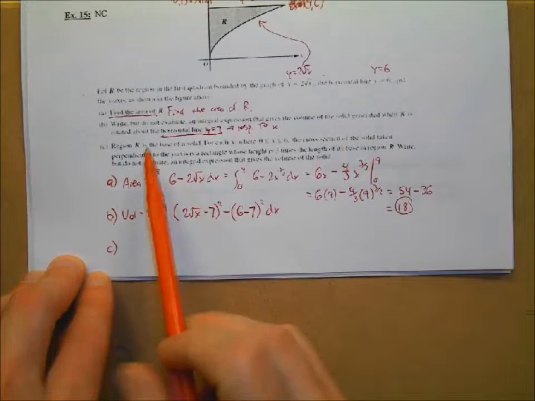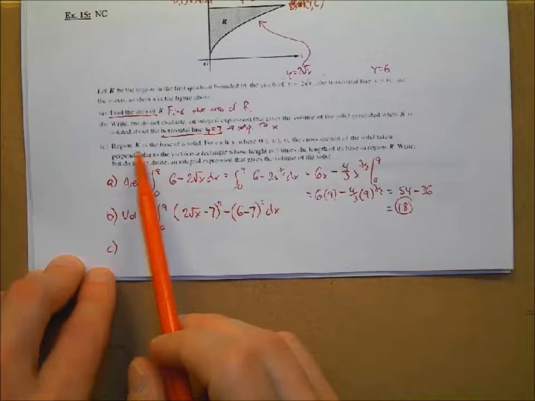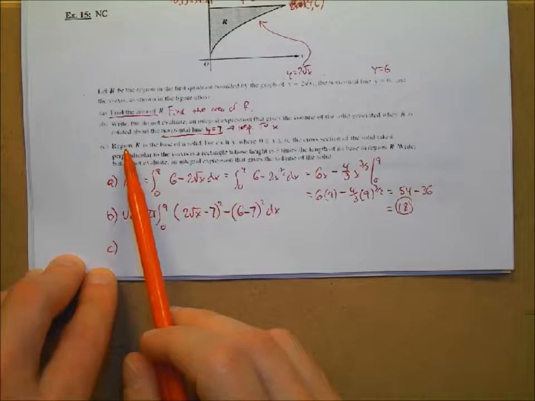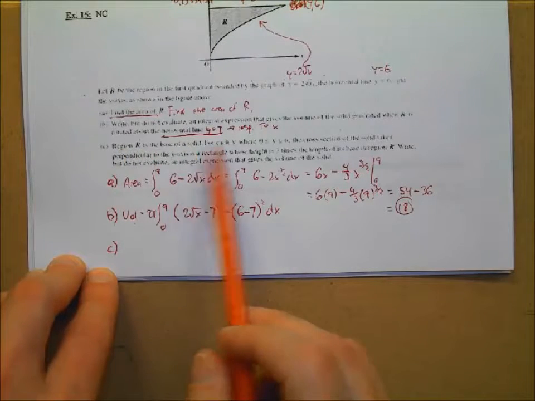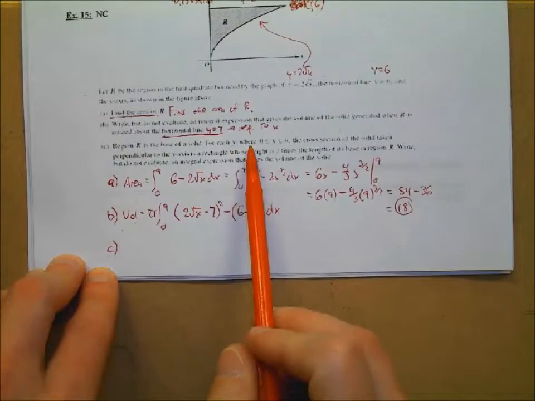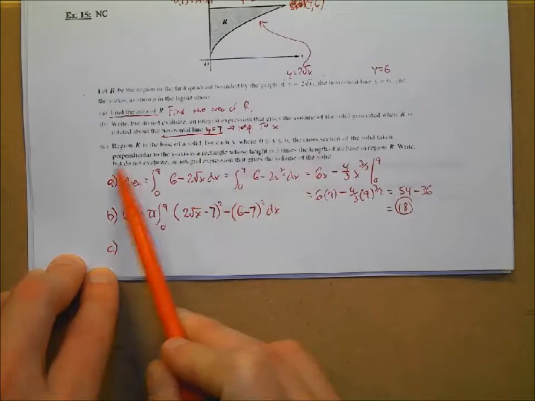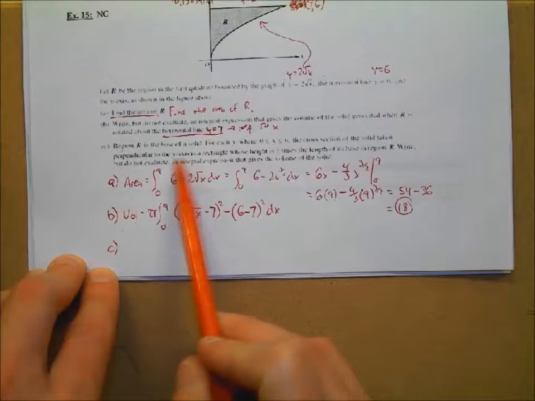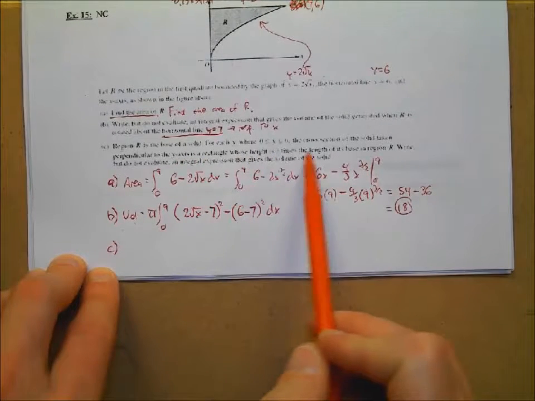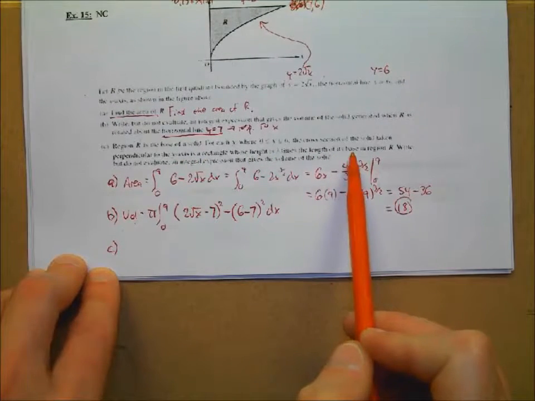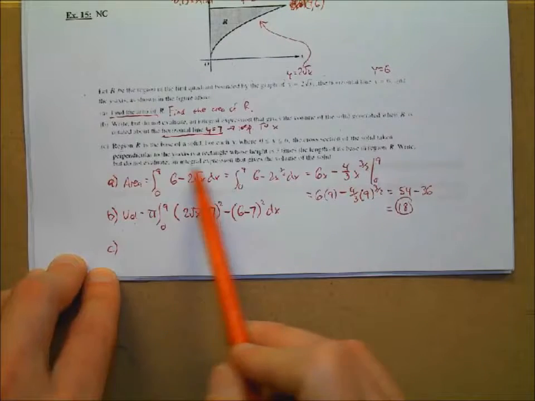Finally, a volume of a solid with known cross sections. That's familiar. Region R is the base of a solid. For each y where 0 is less than or equal to y is less than or equal to 6, the cross section of the solid taken perpendicular to the y-axis is a rectangle whose height is 3 times the length of its base in region R. Write but do not evaluate an integral expression that gives the volume.